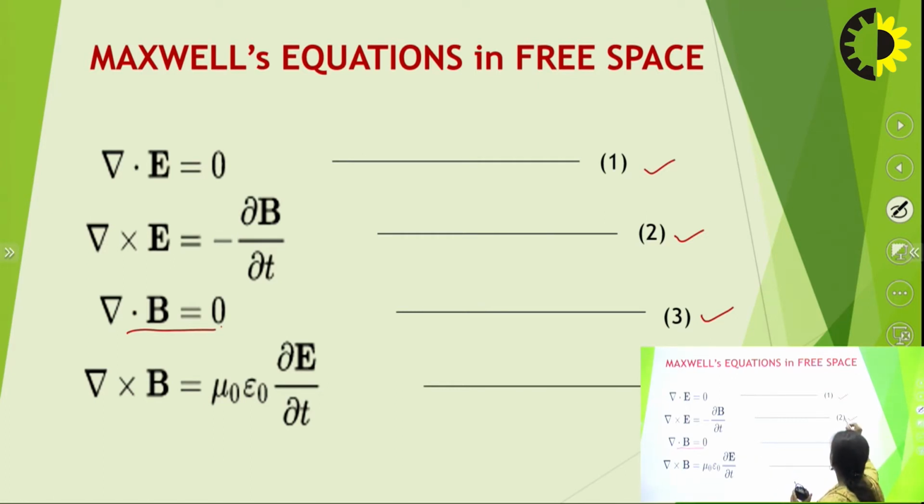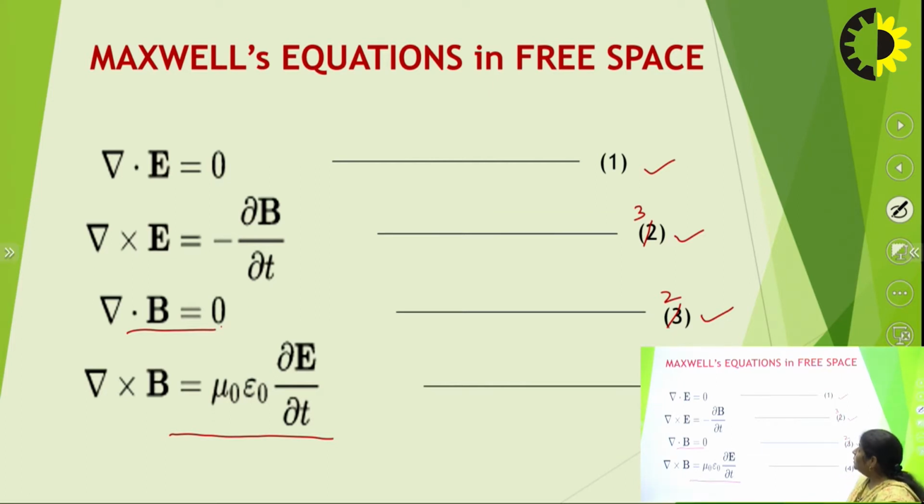And the third equation is Faraday's law of electromagnetic induction. And then the fourth equation is the modified Ampere's law. So by these names, the equations are also known.